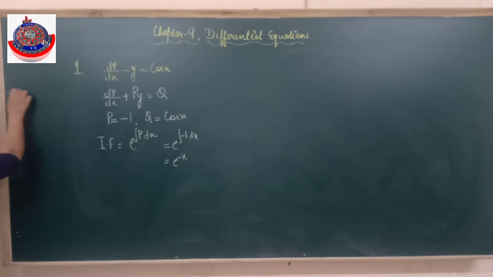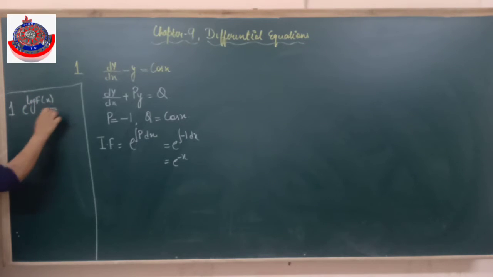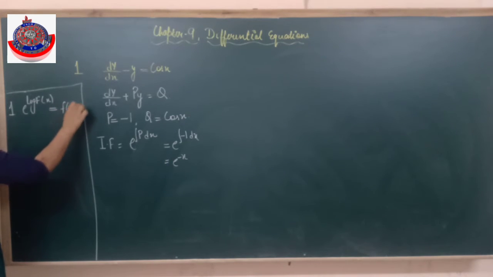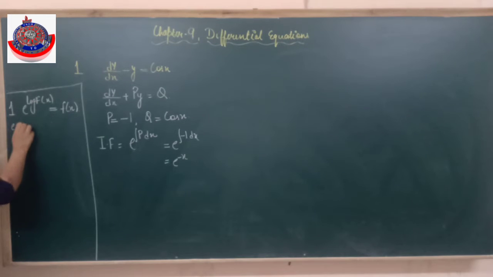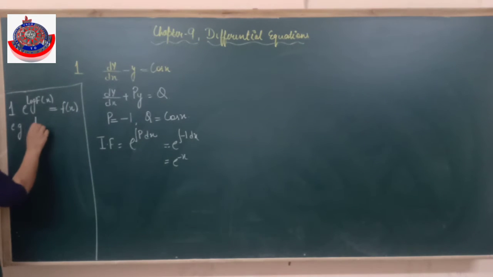Okay children, a few rules which you will be using in this. You have already done it, still I am revising. If you have e to the power log of f of x, a very important rule which we will be following, e raised to log of f of x is always equal to f of x. For example, यहाँ पर step में ये बहुत बार use होगा. If I have e raised to power log x square, that will be equal to x square only. Is it clear? It can be in this form also. Suppose I have e raised to power 2 log say sin x, or anything.